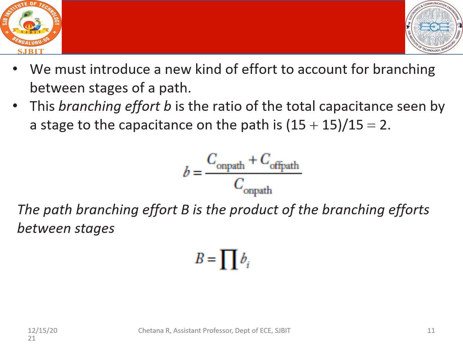So whatever capacitance you see on the path is the total capacitance divided by the capacitance which is existing on the path. According to us, on path and off path it is 15 plus 15, and on path is 15, therefore it gives you 2. So the path branching effort B is the product of the branching efforts between stages, and this is how the branching effort is calculated.